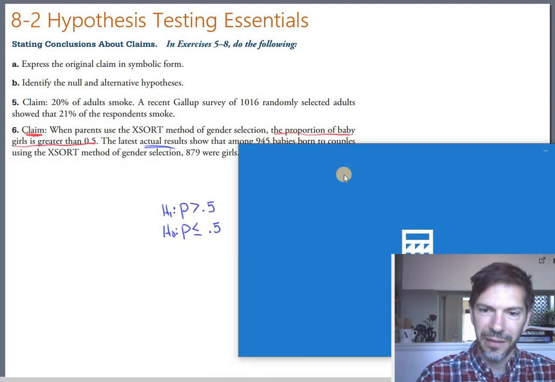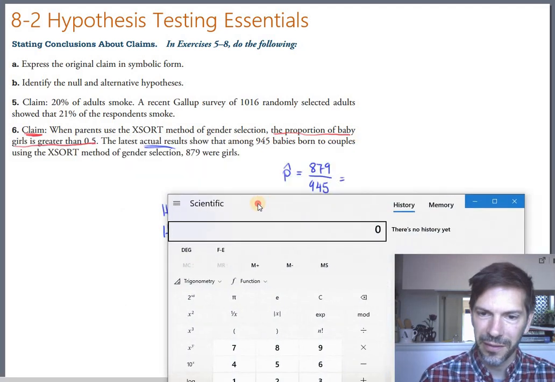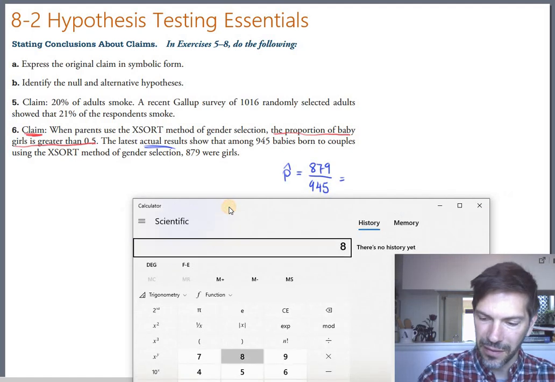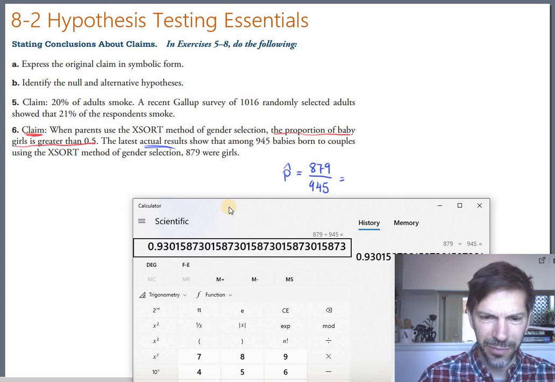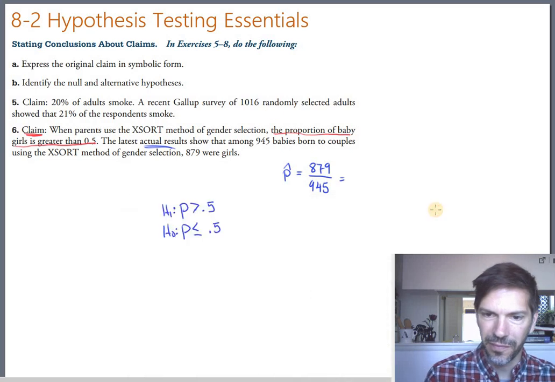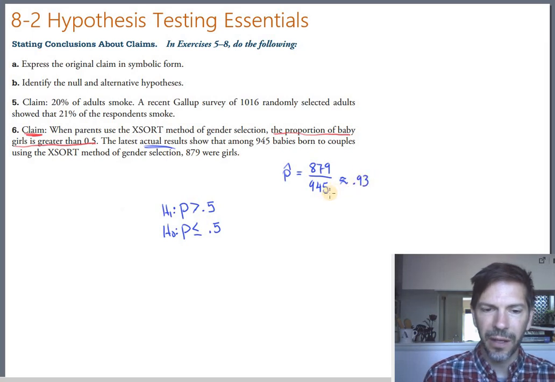Let's get 879 divided by 945. Yeah, it's like 93%. It certainly seems like that supports the alternative hypothesis.